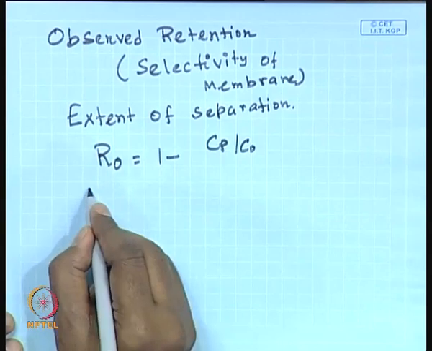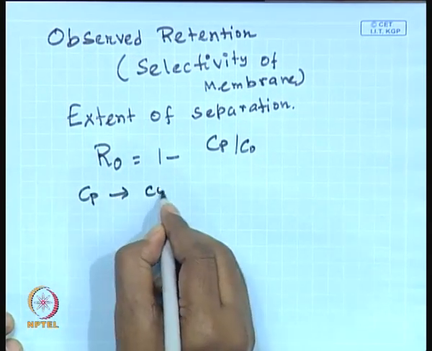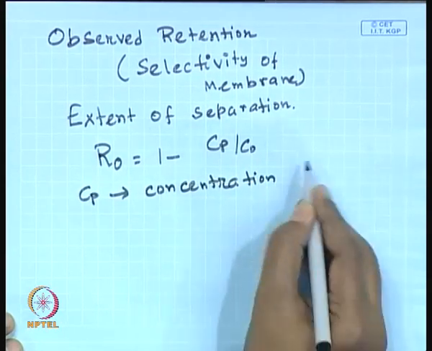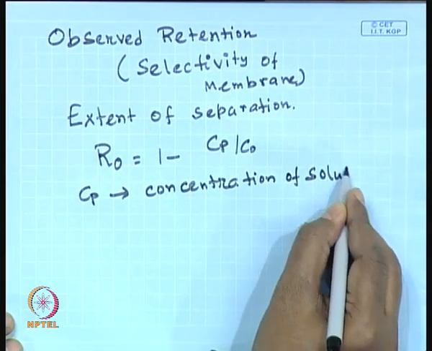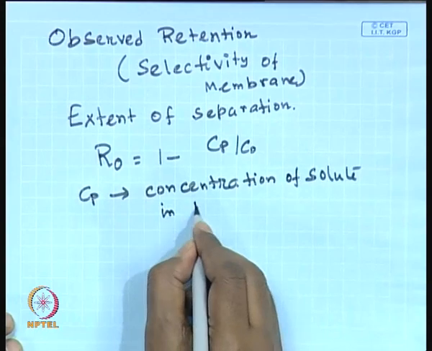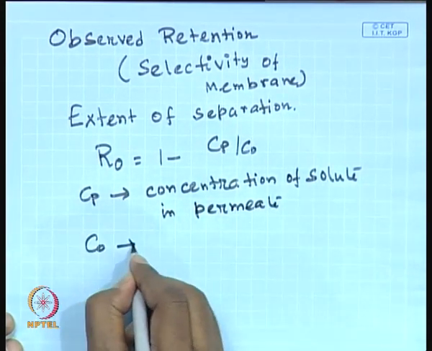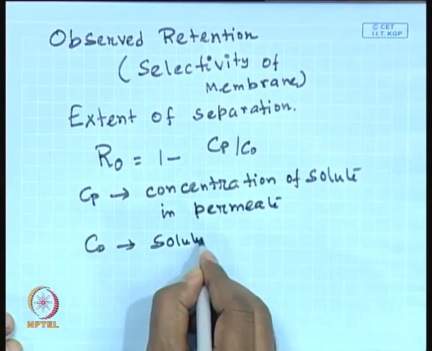Okay. Cp is the concentration of solute in the permeate, and C naught is the solute concentration in the feed.